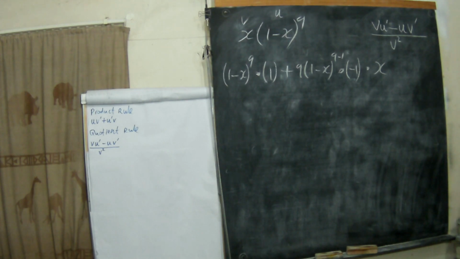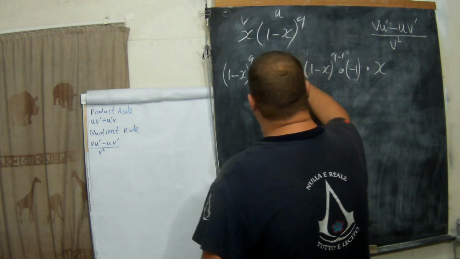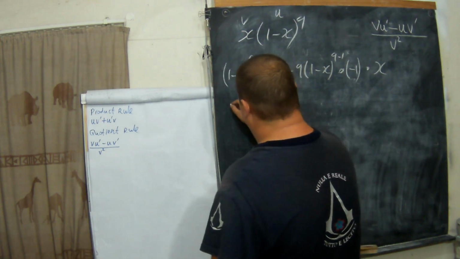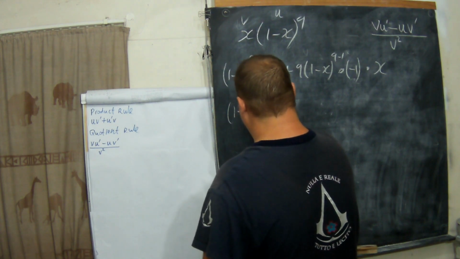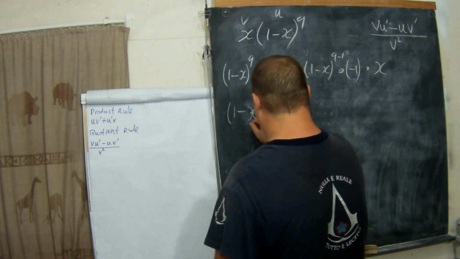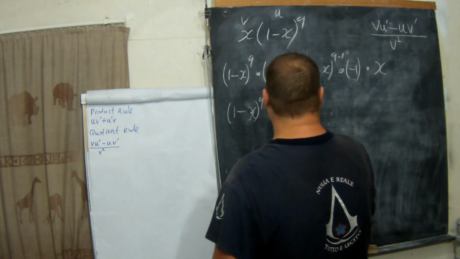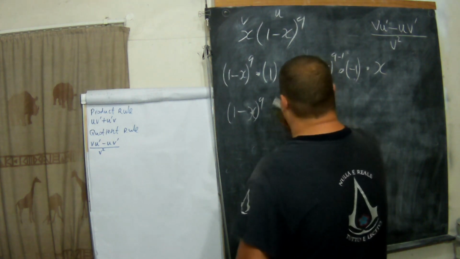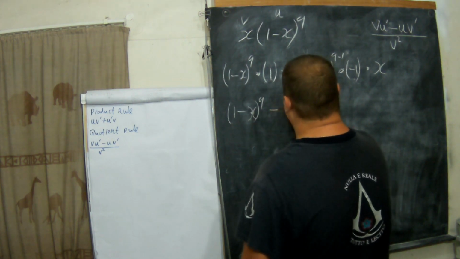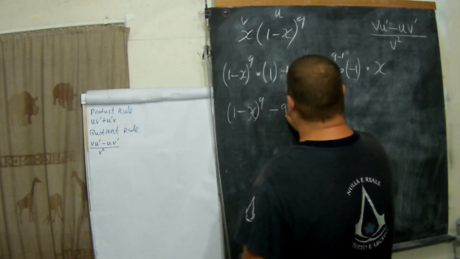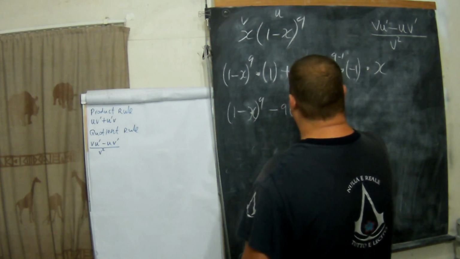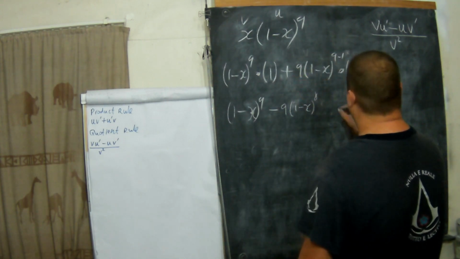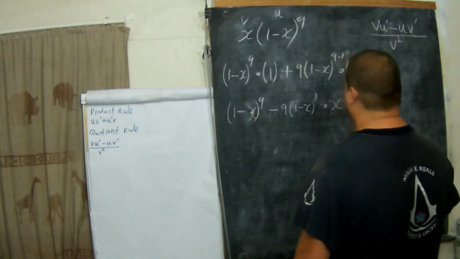Okay, so the next part of the sum is 1 times (1 minus x) to the power 9, which is (1 minus x) to the power 9, plus, actually this becomes a minus 9 (1 minus x) to the power 8, because I multiplied by minus 1, multiplied by x.